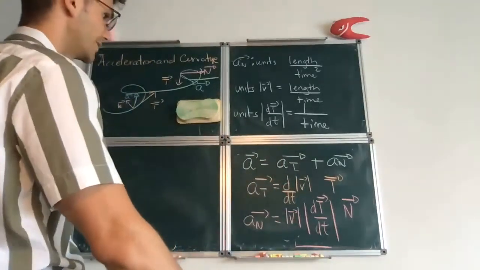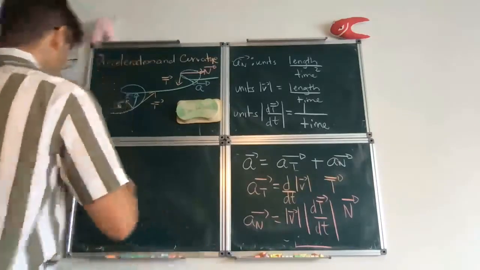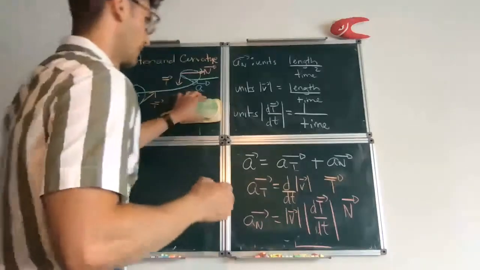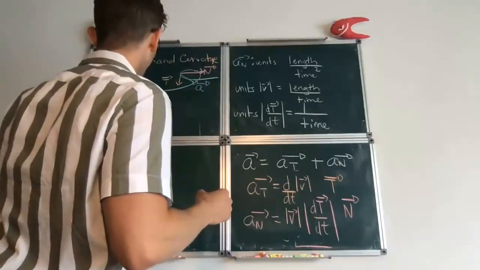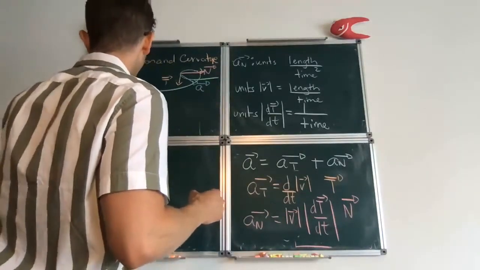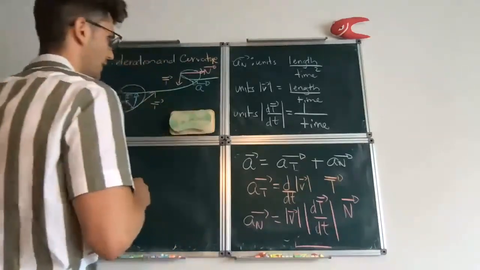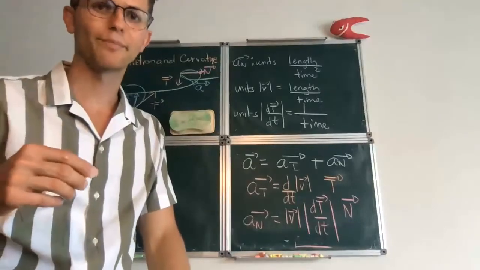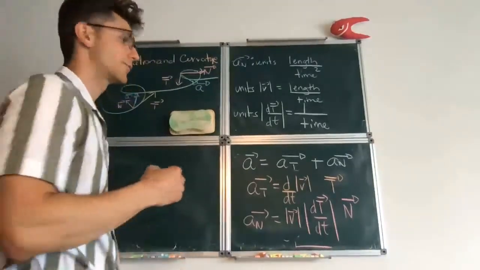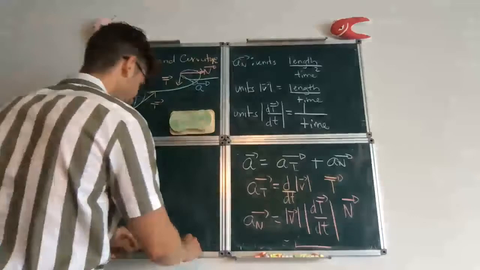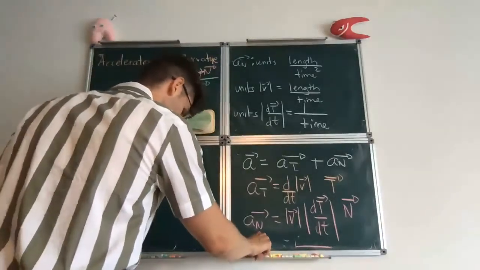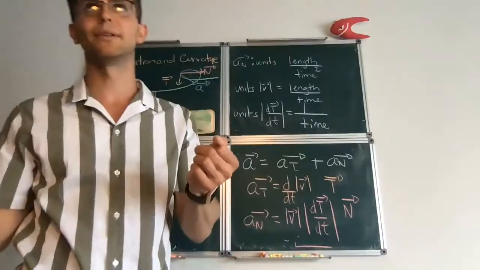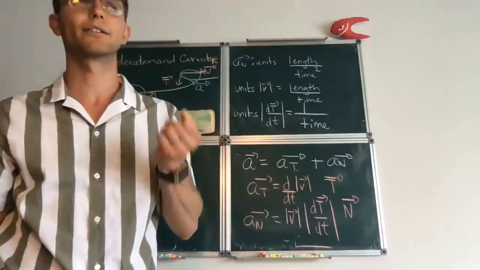What I'm trying to say is that you can relate time and distance through speed, because the units of speed are distance over time. So you can use speed as a conversion factor between time and distance.